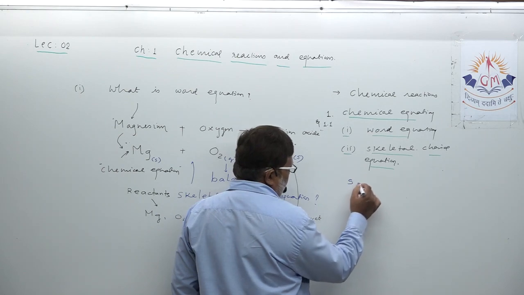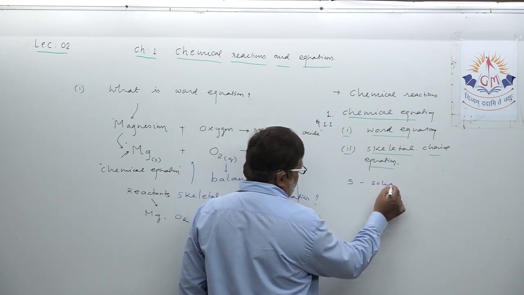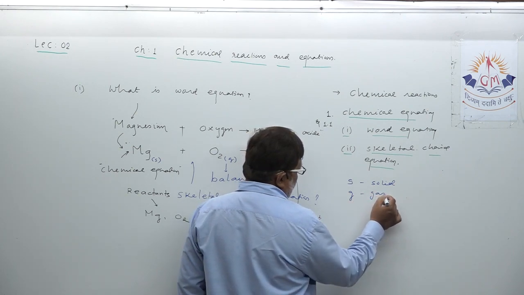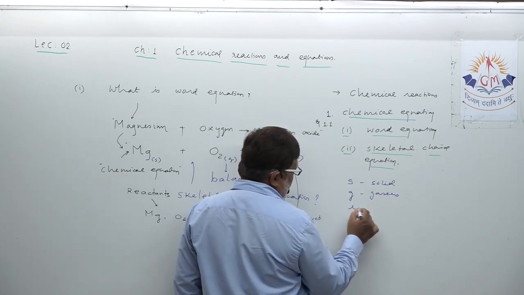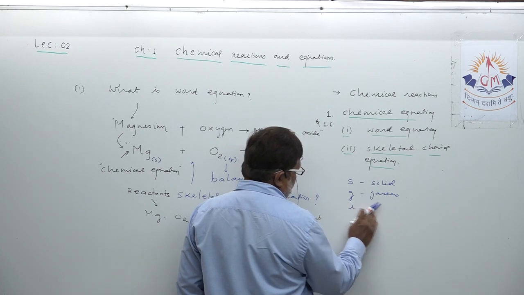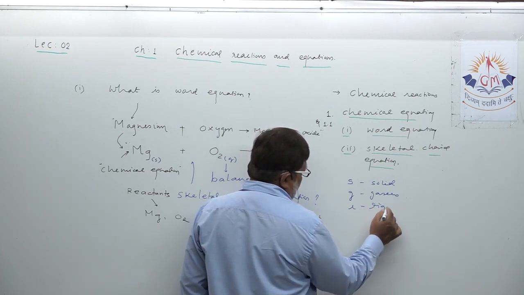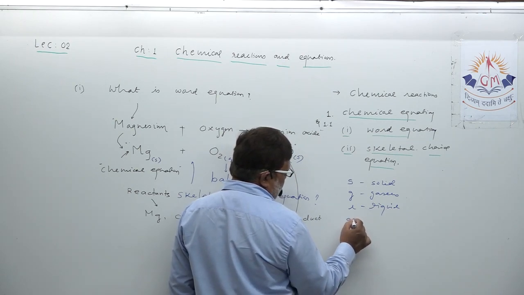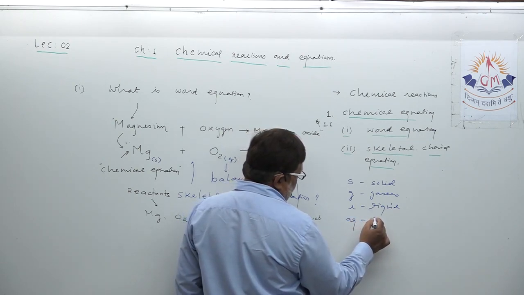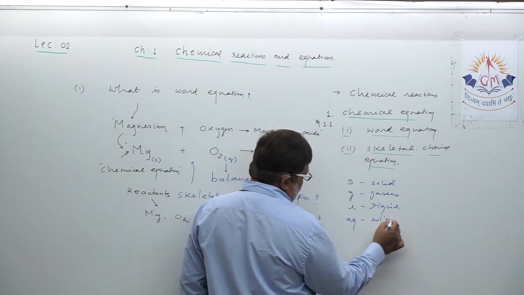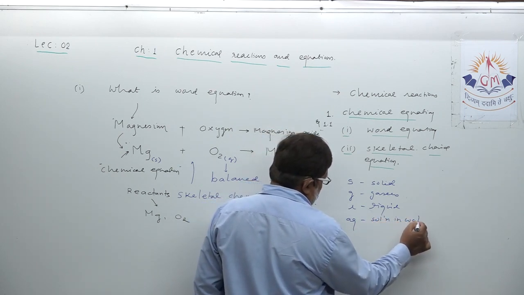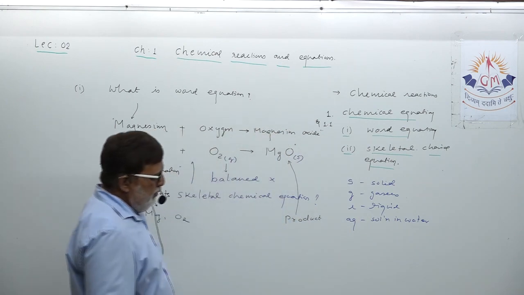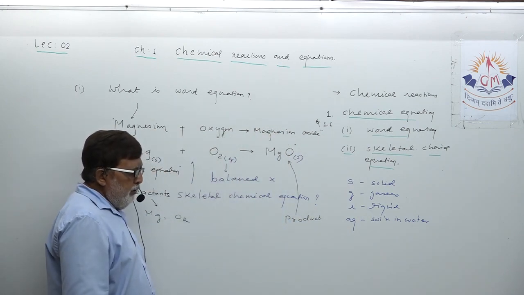S for solid, as you all know. Then we use G for gaseous, L for liquid substance. Then we use aq, that means solution in water. Any substance when dissolved in water, we use the word aqueous, solution in water.